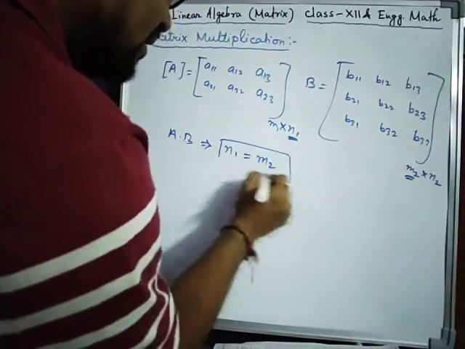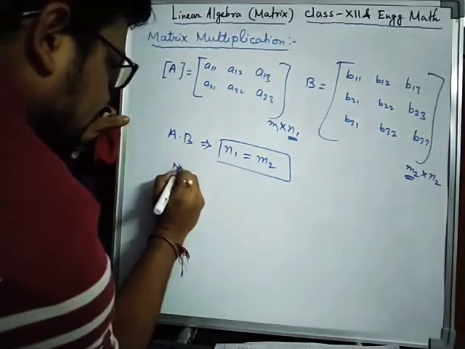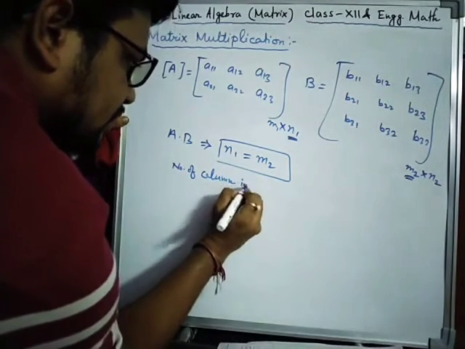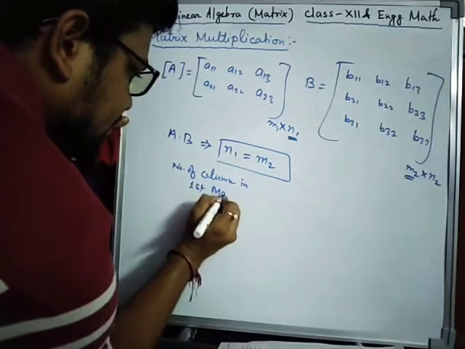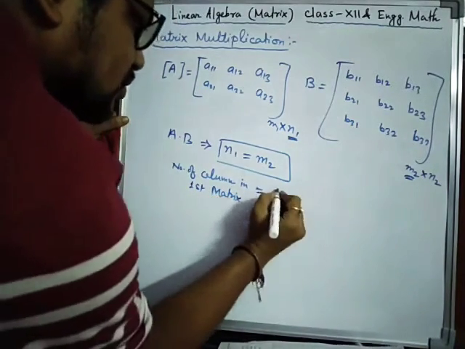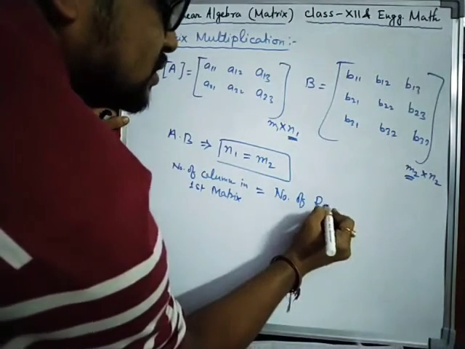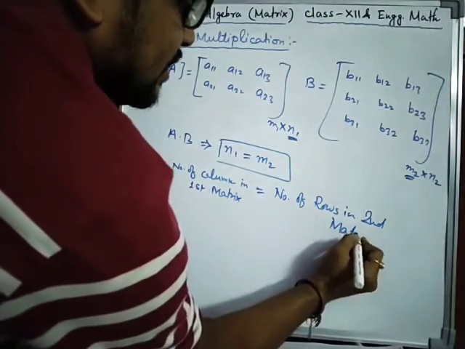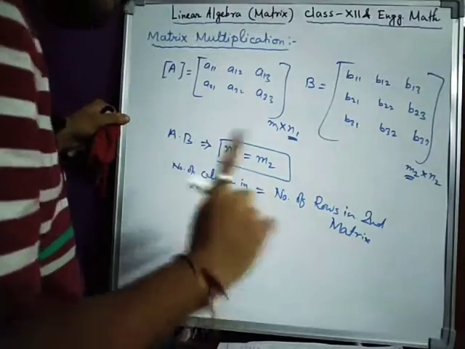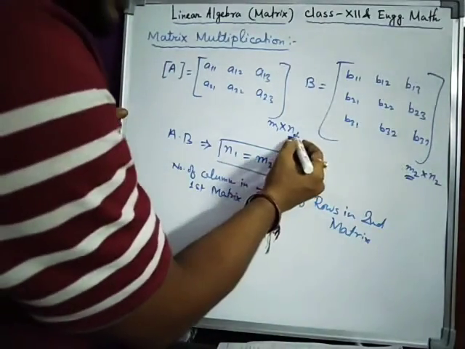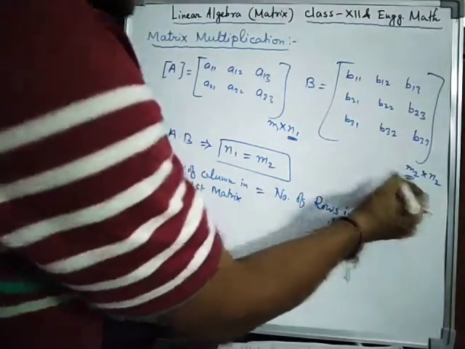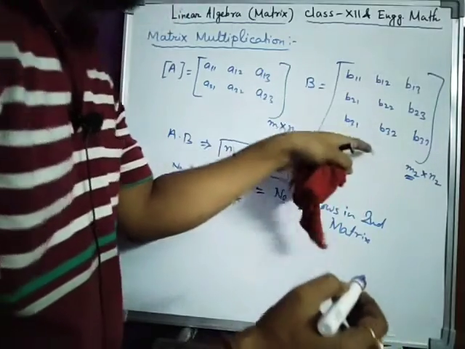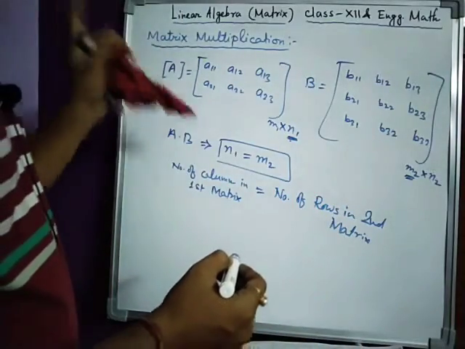Please remember this condition: N1, the number of columns in the first matrix, must be equal to the number of rows in the second matrix. If this condition is satisfied, then only is multiplication possible, otherwise not.